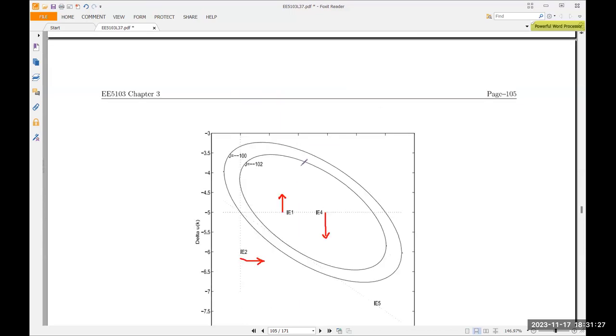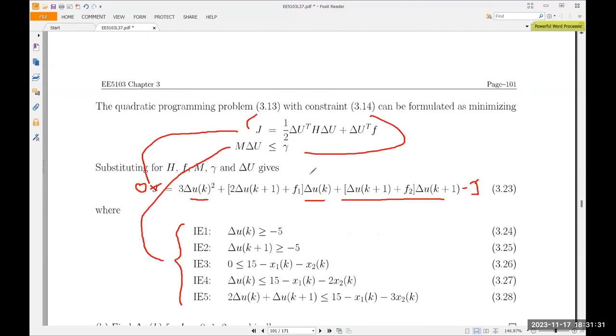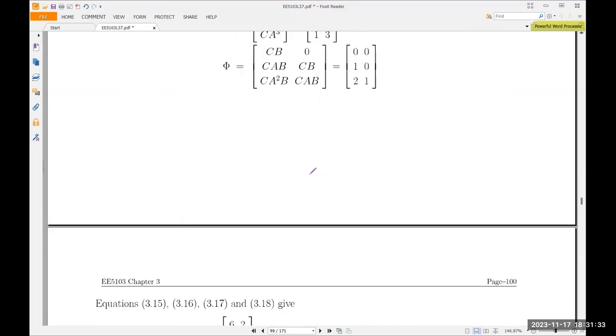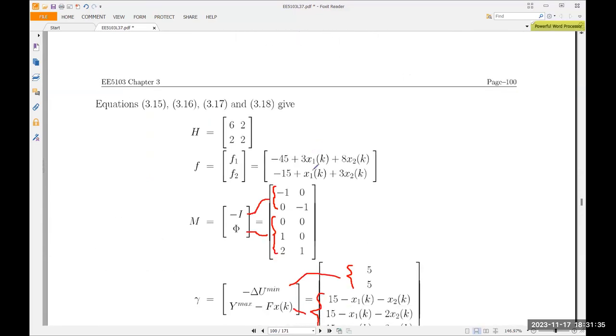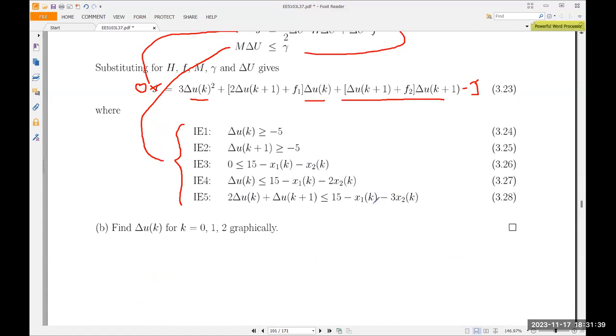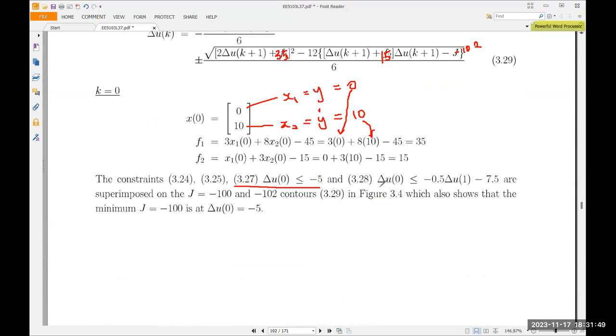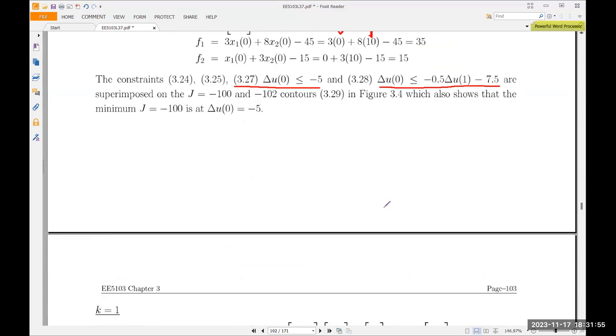Then inequality 5. I go and log inequality 5. Inequality 5, you put a 0 here, you put a 10 here. You rewrite this equation, you will then get this. Okay, this one will give you this line here.